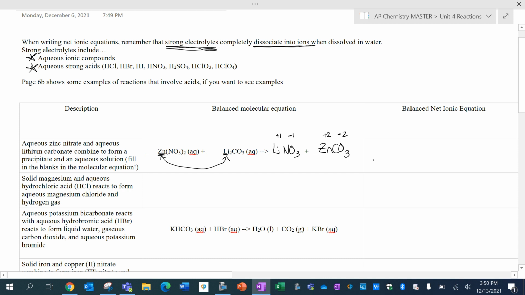And then I want to label states of matter. My solubility rules tell me anything with a nitrate in it or an alkali metal is going to be soluble, so this one's going to be soluble. And then my zinc carbonate is not on my list of soluble things, so it's going to be insoluble.